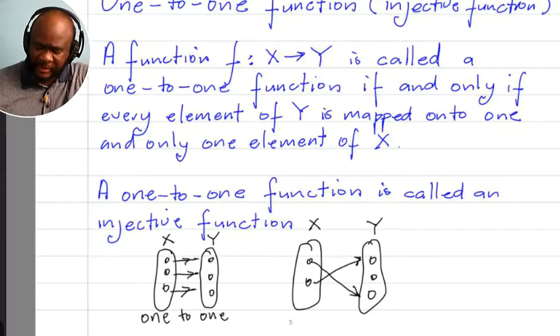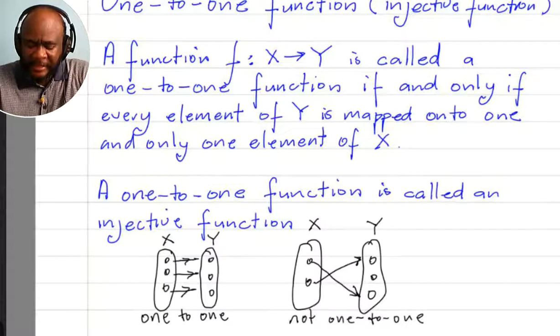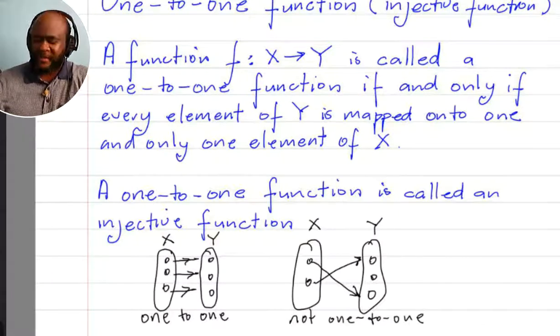All right, because the definition says that a function is one to one when every element of y is mapped onto one and only one element of x. All right, so let's move on.